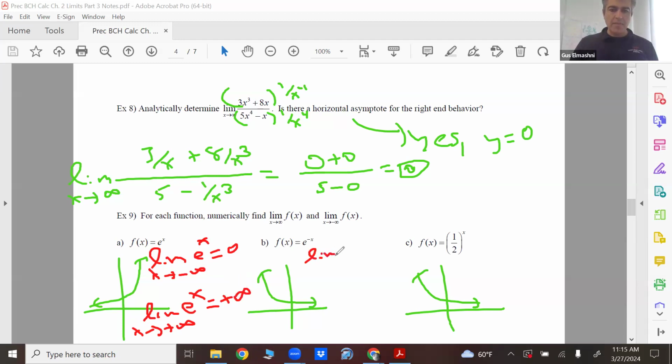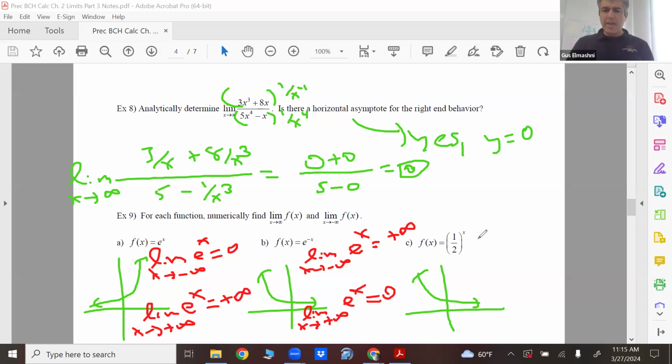Here, that's going to be positive infinity. That's going to be 0.